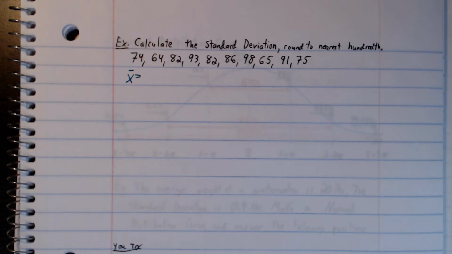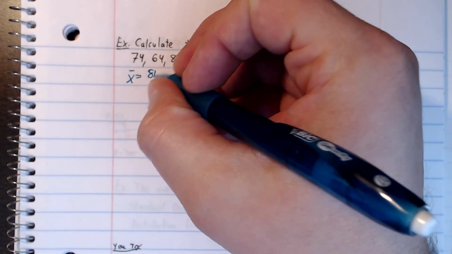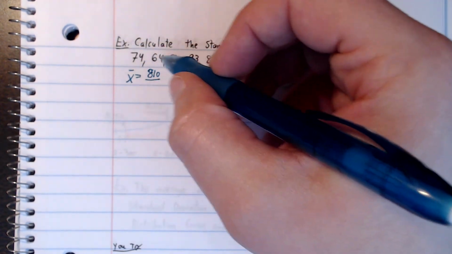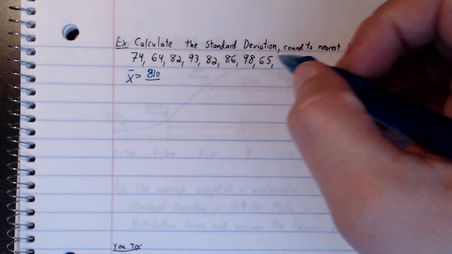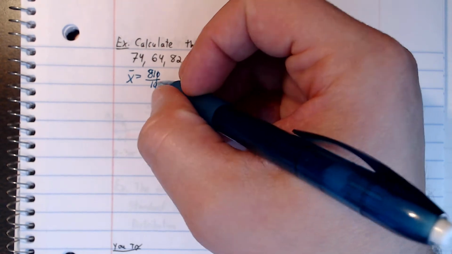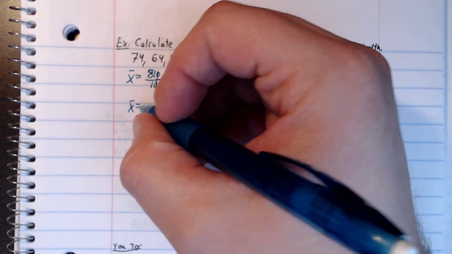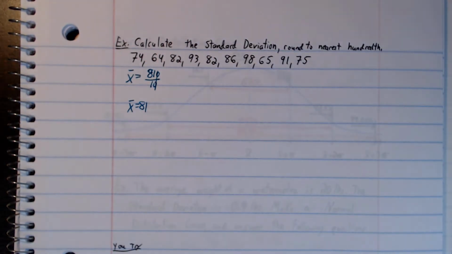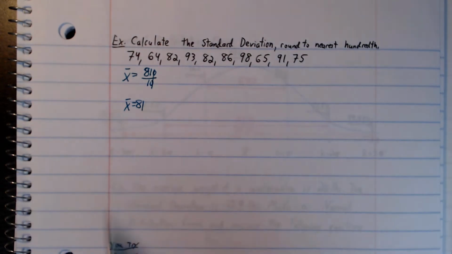We got 810 out of 10 numbers. So our average here is 81. That was step 1, find the average.